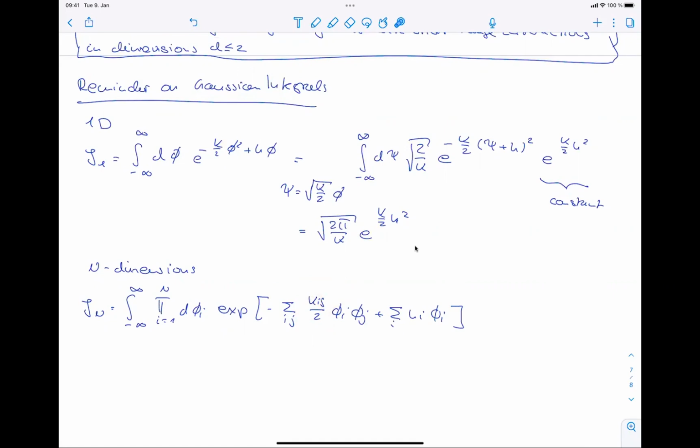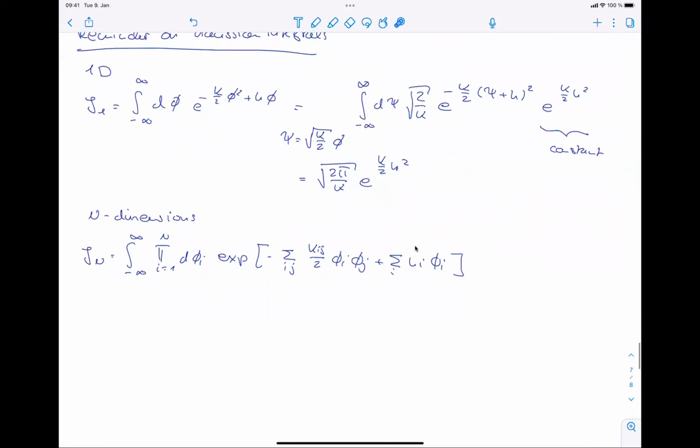So the way we can do this is to take this interaction matrix and diagonalize it, and assume that K is symmetric. We get the eigenvalues, and then we can diagonalize it in terms of the eigenvectors. And then we can decouple the different integrals phi i and phi j into n one-dimensional Gaussian integrals.